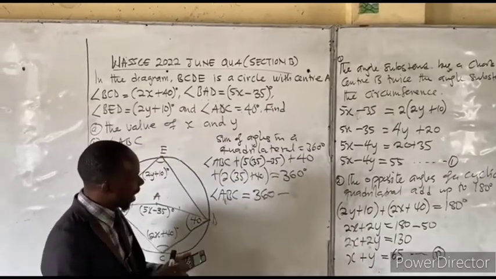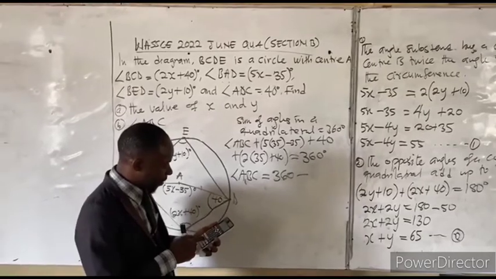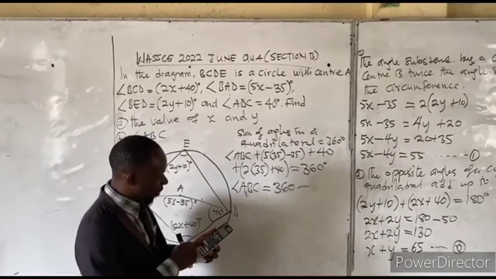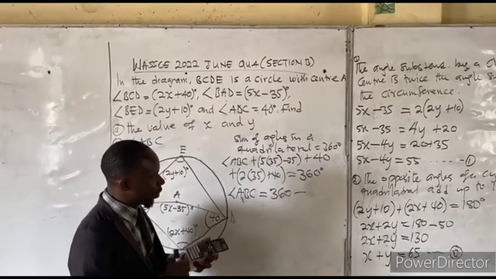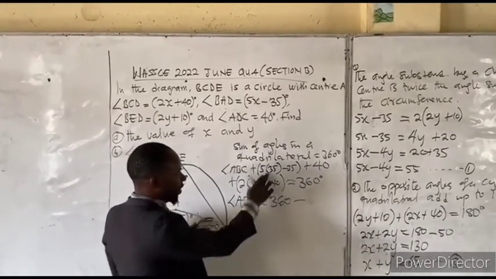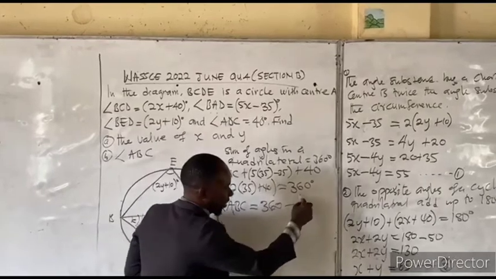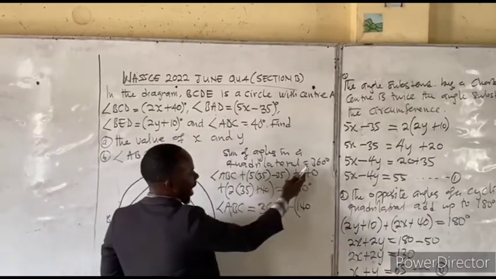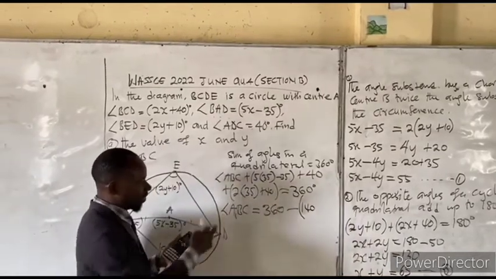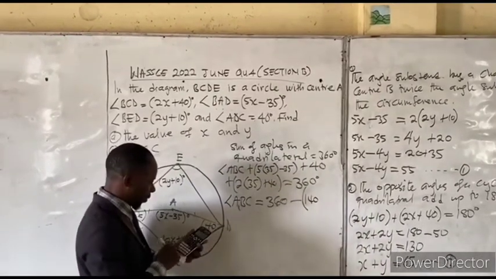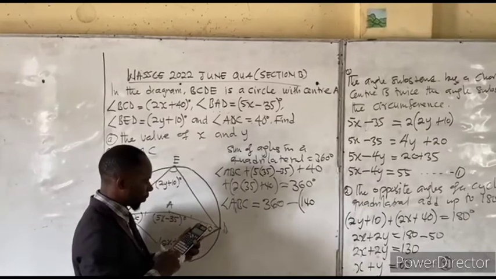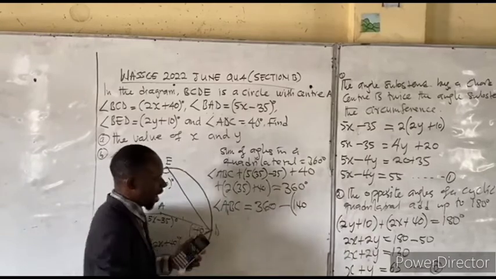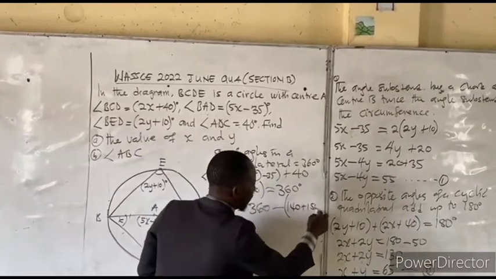360. So now we have 5 times 35 minus 35. And that gives us 140. So this is positive 140. It will come and subtract here as what? 140. Then if I add this is also going to be 70 plus 40 plus that 40, which is this, and that will give us 150.